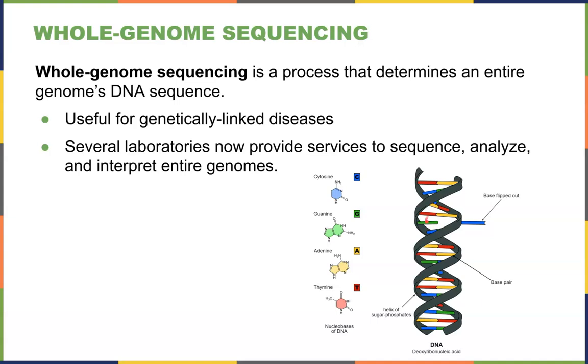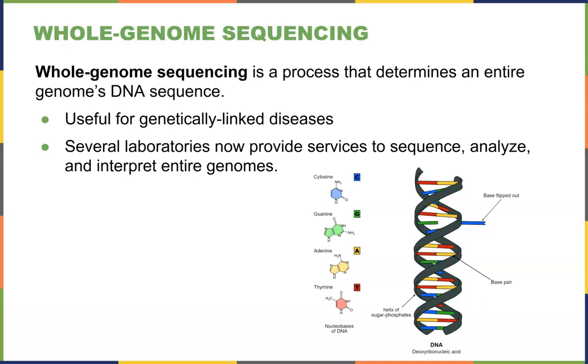We're going to go through this strand of DNA and say, well, that's A, and then G comes next, and then another G, and then an A, a T, a G, a C. We're going to go through the whole genome and determine what nucleotide base comes where, in what order, and how many there are. That's whole genome sequencing.